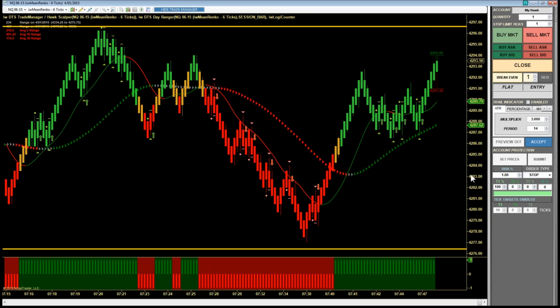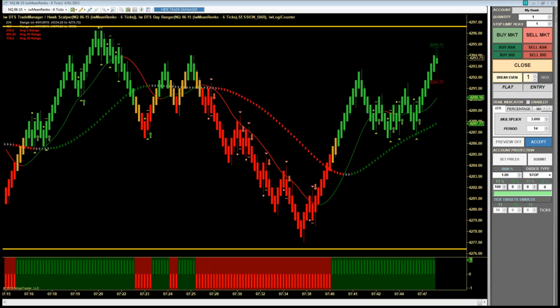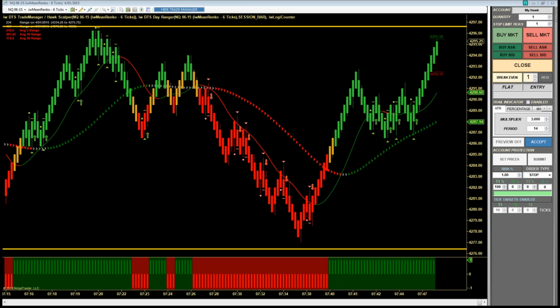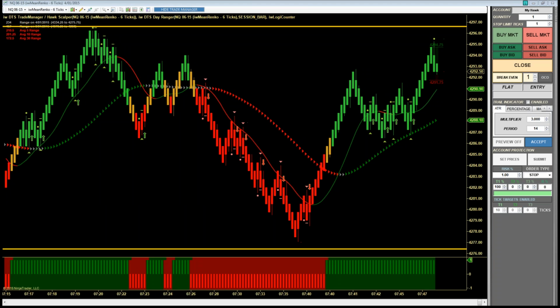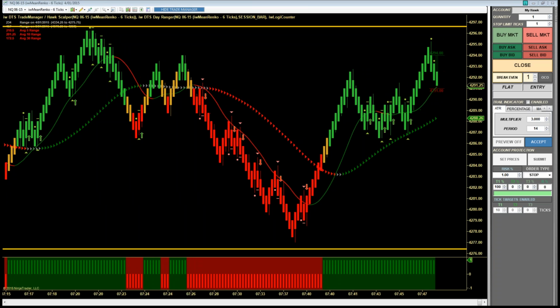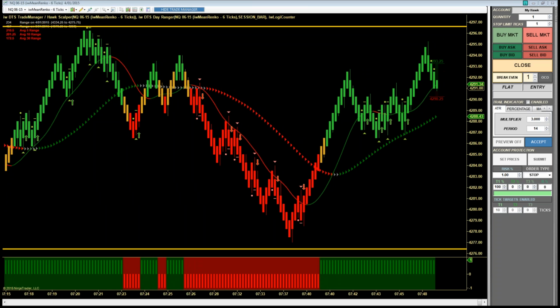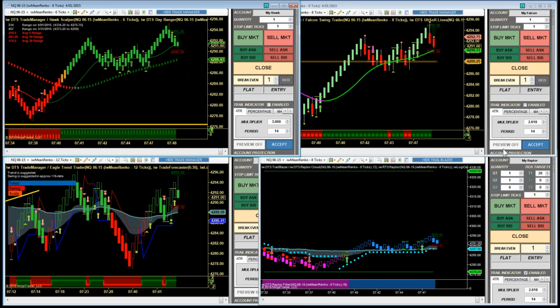We even managed to pick up a couple of ticks before it starts to encounter the top end of the trading range. All right, well, we'll put that one back up on the shelf.